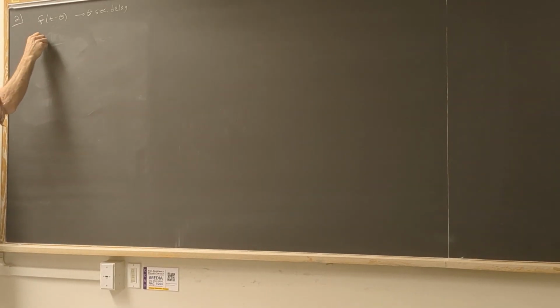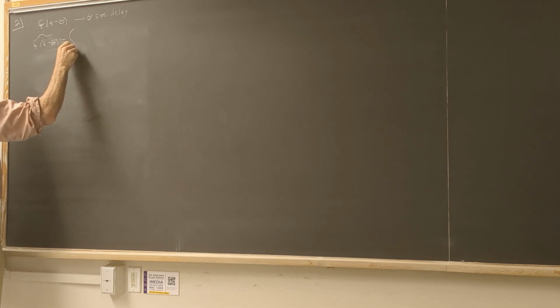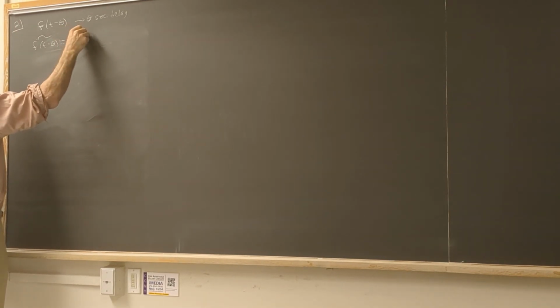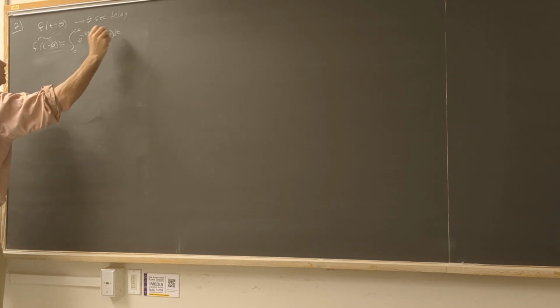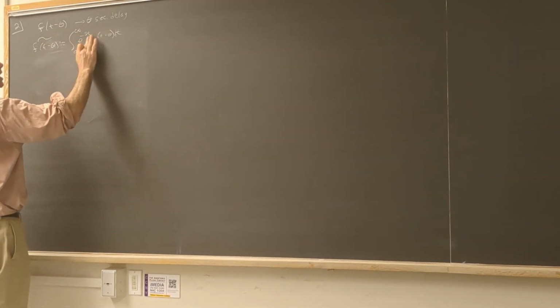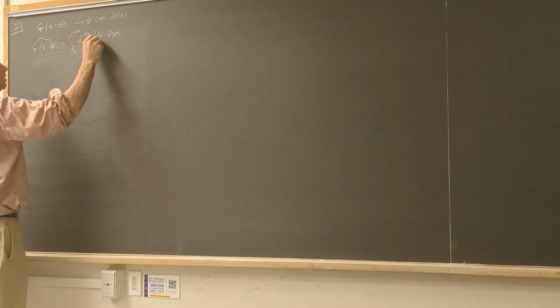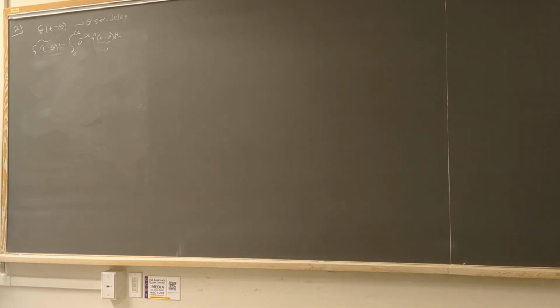So f of t minus theta tilde is the integral from 0 to infinity, e to the minus st, f of t minus theta, dt. Well, I want to make this not look like a t. So let u be t minus theta, and I'm going to change variables.